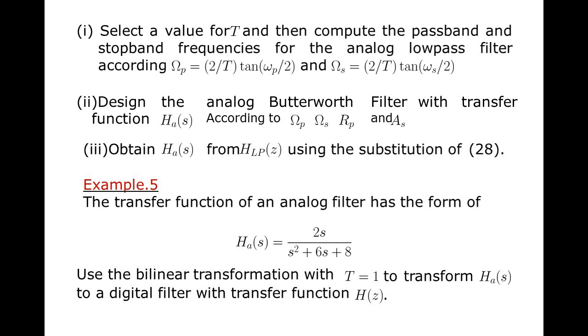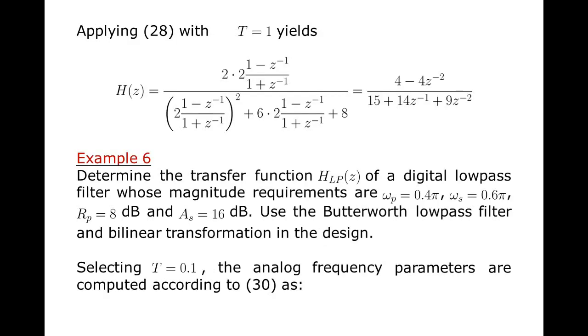First design the analog low pass filter, then obtain H of Z by using the substitution technique. See, example 5 gives you the idea of how to transform an analog filter into a digital filter using the bilinear transformation. H of S is given as 2s upon s squared plus 6s plus 8, and T is given.